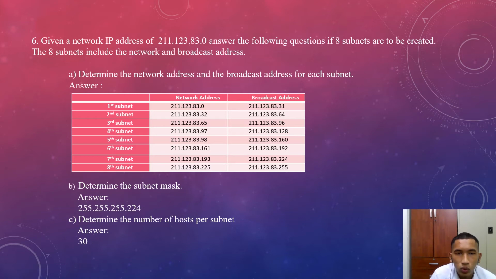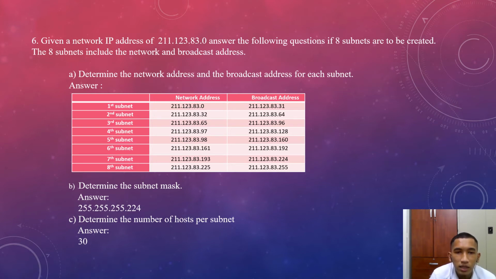The fourth subnet's network address is 211.123.83.96 and the broadcast address is 211.123.83.127. The fifth subnet's network address is 211.123.83.128 and the broadcast address is 211.123.83.159. The sixth subnet's network address is 211.123.83.160 and the broadcast address is 211.123.83.191. The seventh subnet's network address is 211.123.83.192 and the broadcast address is 211.123.83.223. The eighth subnet's network address is 211.123.83.224 and the broadcast address is 211.123.83.255.